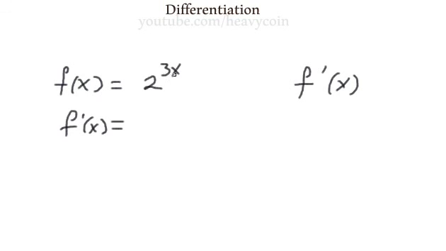So we take the derivative of the exponent, and the derivative of 3x is 3. We rewrite everything, except this time out here we're going to write the natural log of the base. So the natural log of 2. And we're done. Okay? So let's work some more of these so you can get the hang of it.